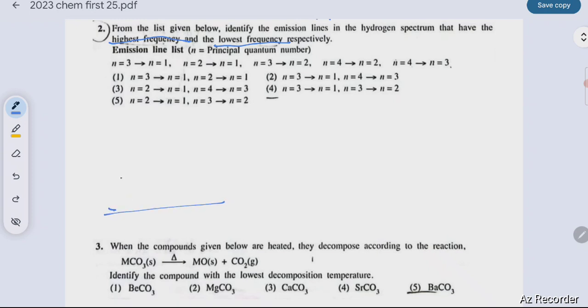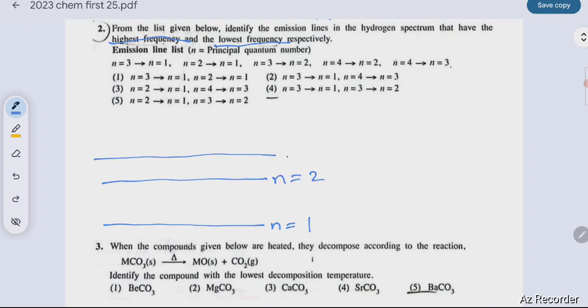N equals 1. Then N equals 2. N equals 3. N equals 4. And N equals 5.